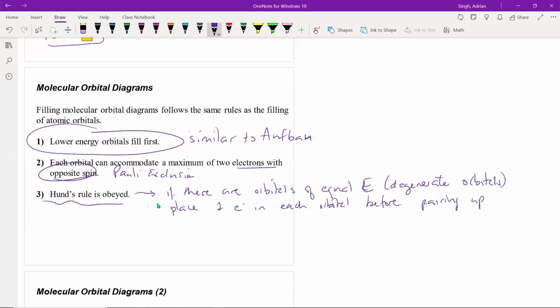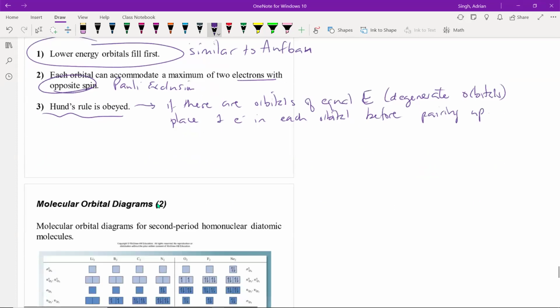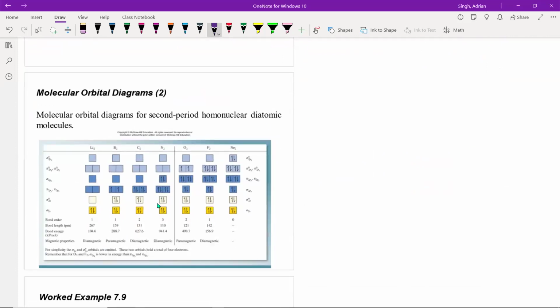And if you recall the analogy I used for that when we talked about orbital diagrams for atoms a few weeks ago, the bus seat rule, right? So you stick 1 in each seat before you start pairing them up. Okay, so if we take a look now at some of the examples, we're going to see the following.